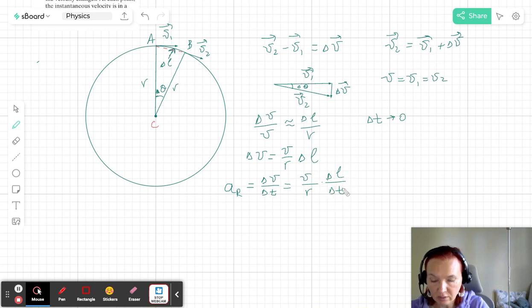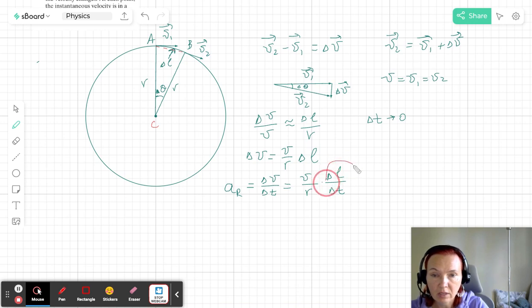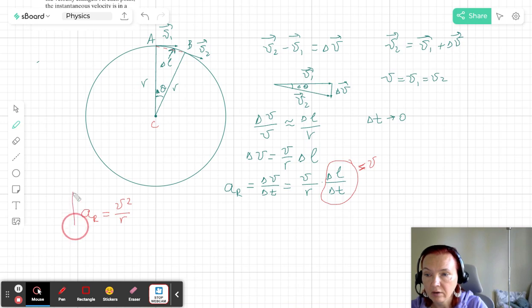So it's V over R times delta L over delta T. Well, look at this. Length over time. That is the same as the linear speed, so it equals V as well. So here's what we get. We have that our acceleration is V times V, which is V squared. So AR is going to be equal to V squared over R.